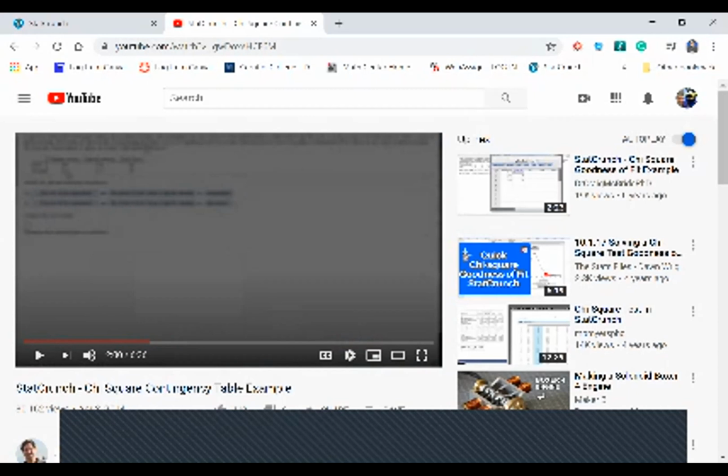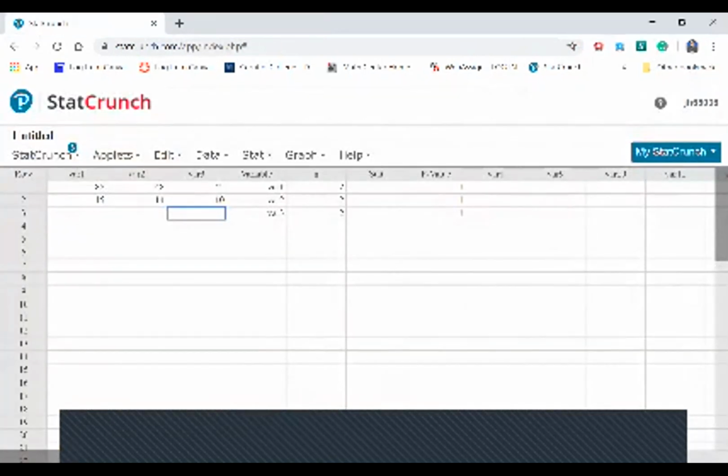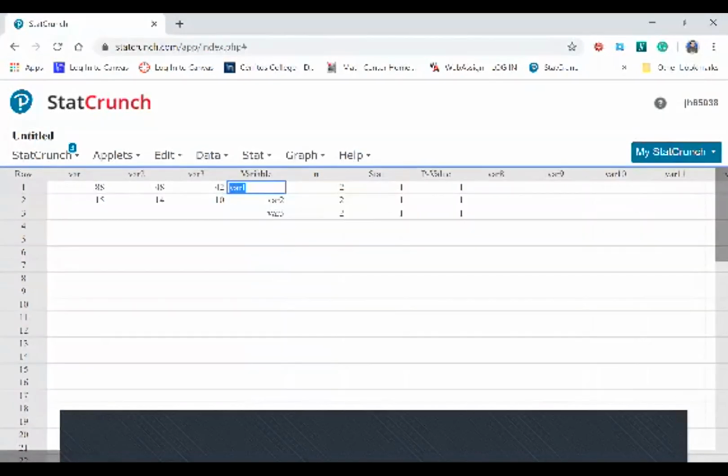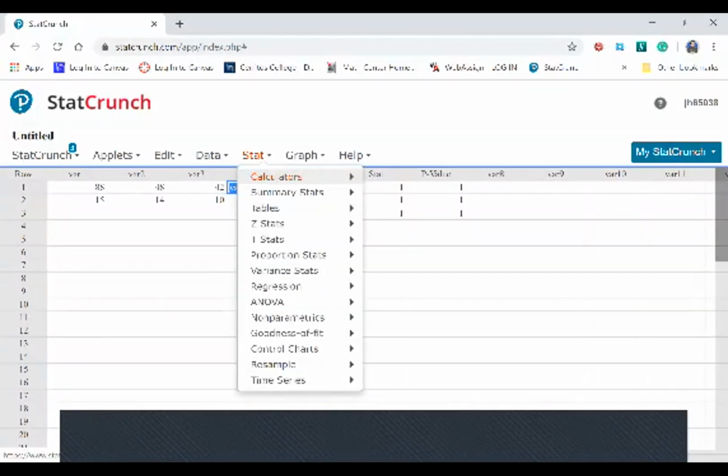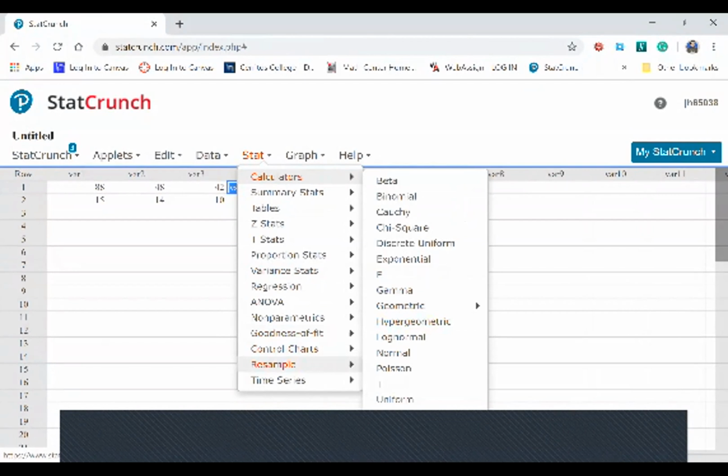Okay. So let's go to contingency table here. Let's delete all this. Okay, so where's the contingency tables?